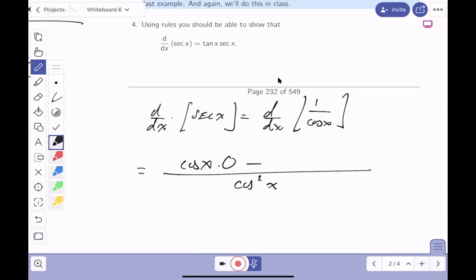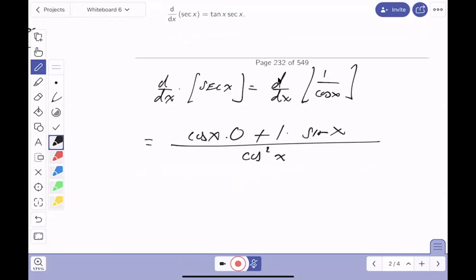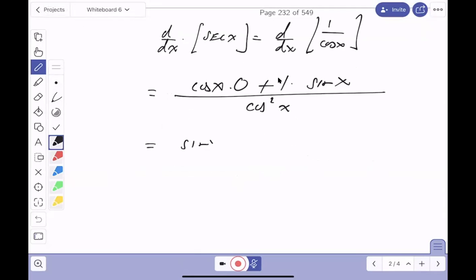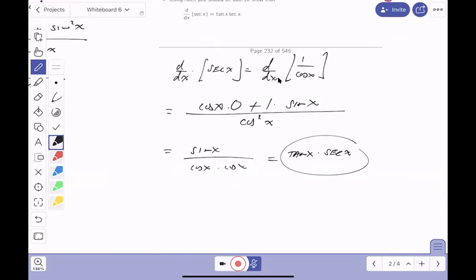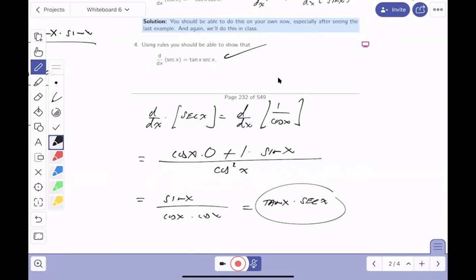Derivative of top is 0 minus the top times the derivative of the bottom, which is going to be minus sine x. What do you get? Sine x over cosine x times 1 over cosine x. Sine over cosine is tangent x, and 1 over cosine is secant x. I'm saying that's the answer. Let's see what they said it was. Miracle. We got the same answer.